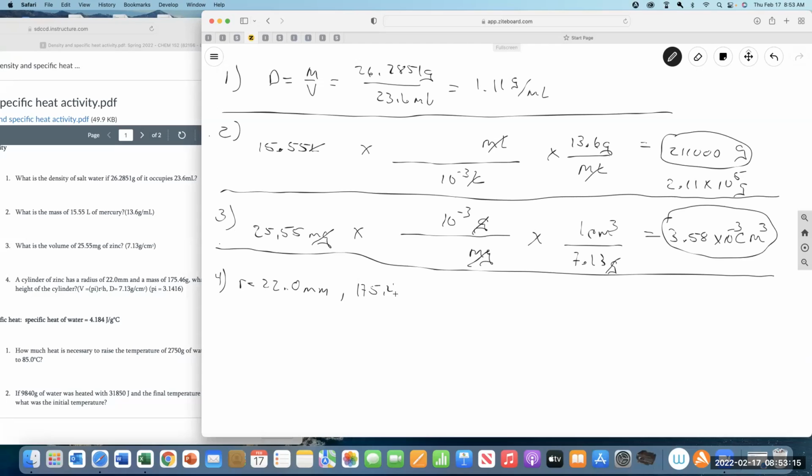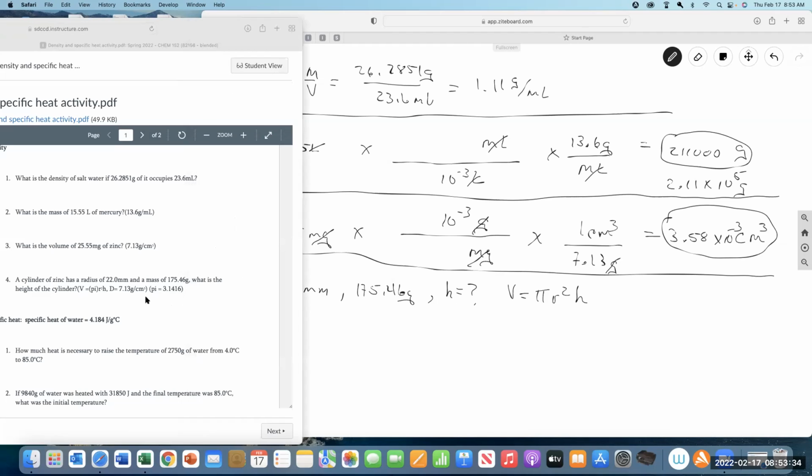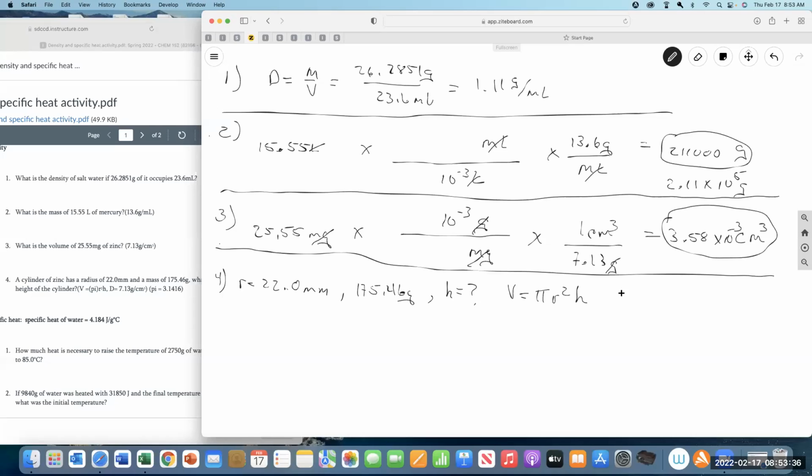Just going to write it here so I don't have to go back and forth. We want to know the height, question mark. And we're given that the volume of a cylinder is pi r squared h, and we're told that the density also is 7.13 grams per cubic centimeter.